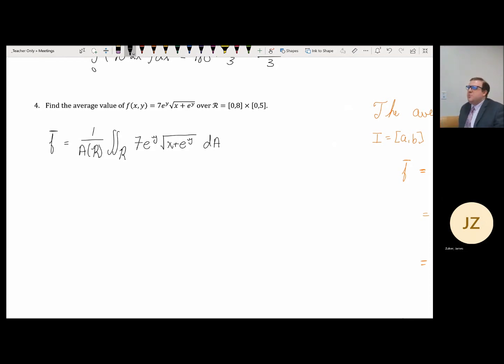So that's how we're going to find the average value.